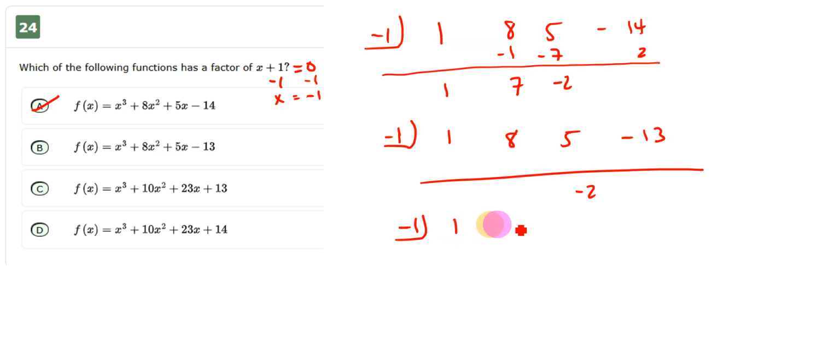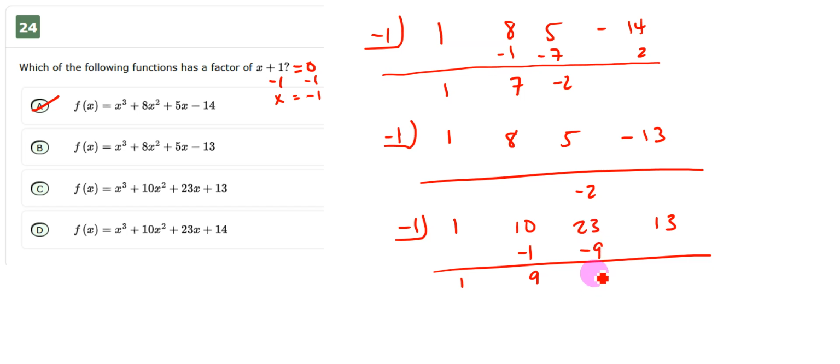We've got 1, 10, 23, and 13. So this will be 1, -1, 9, -9, and what is that? 14. So we can see what's going to happen here. That's always got a remainder.